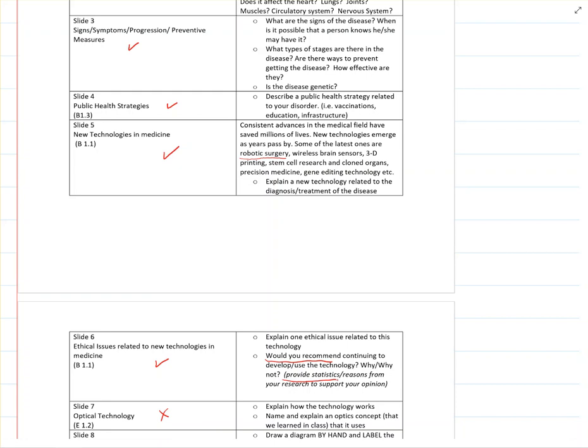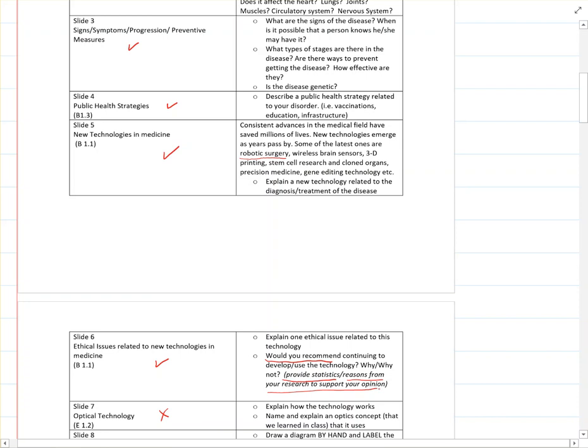So for example, how many people in the past year or past years in some amount of time got cured or got comfort because that technology was used. Okay, you can look for reasons from your research to support your opinion, whatever those reasons are. So don't just give me a yes or no and stop right there. Look for good solid reasons to support your opinion.